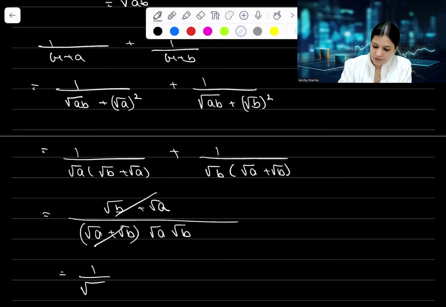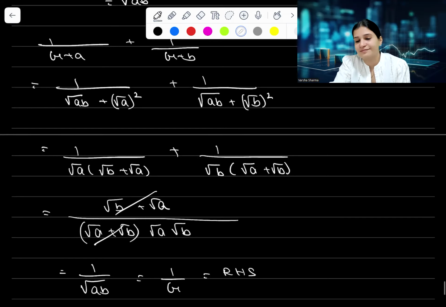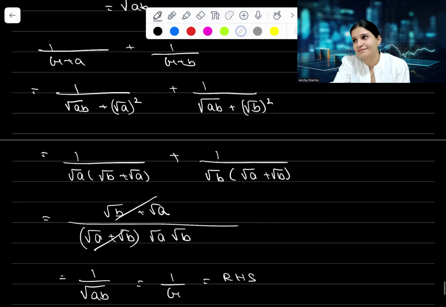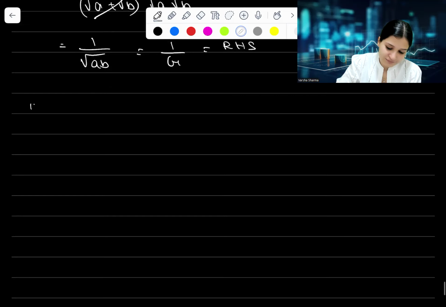So it is 1 by root ab, which is 1 by G. Done?